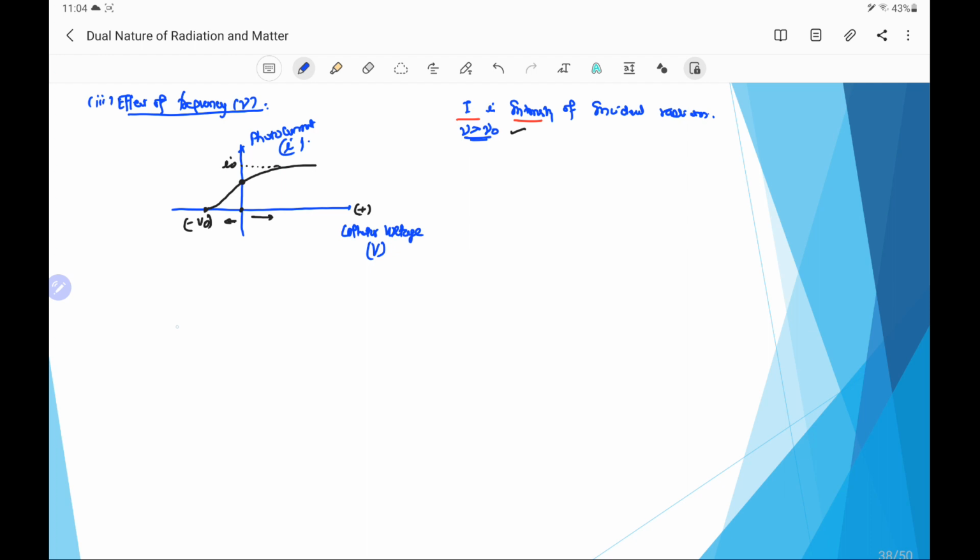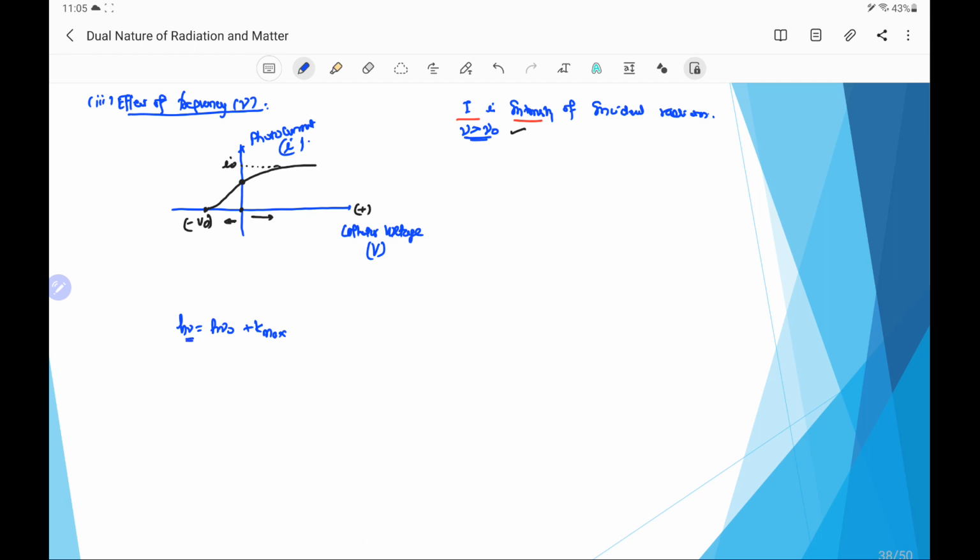The Einstein photoelectric equation is h nu equal to h nu naught plus K max. Here h nu is the energy of the photon incident on the metal surface, h nu naught is the work function of the metal surface, and the kinetic energy is the maximum energy of the emitted photoelectron.